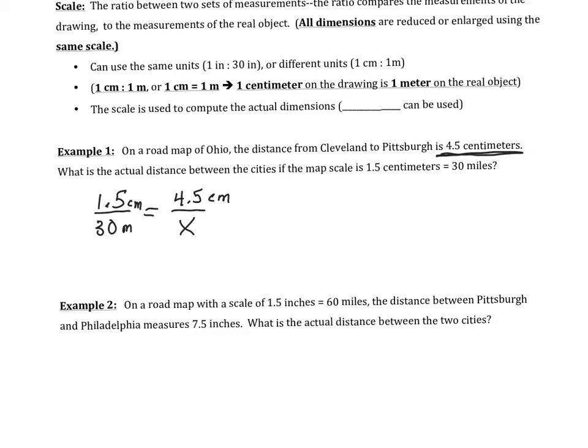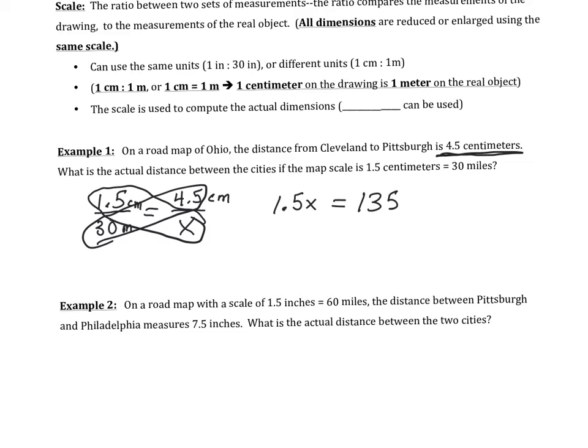Okay, and now, ignoring the units for now, we cross multiply, just like we've been doing. We take 1.5 times x, we get 1.5x. And then when we take 30 times 4.5, we get 135.